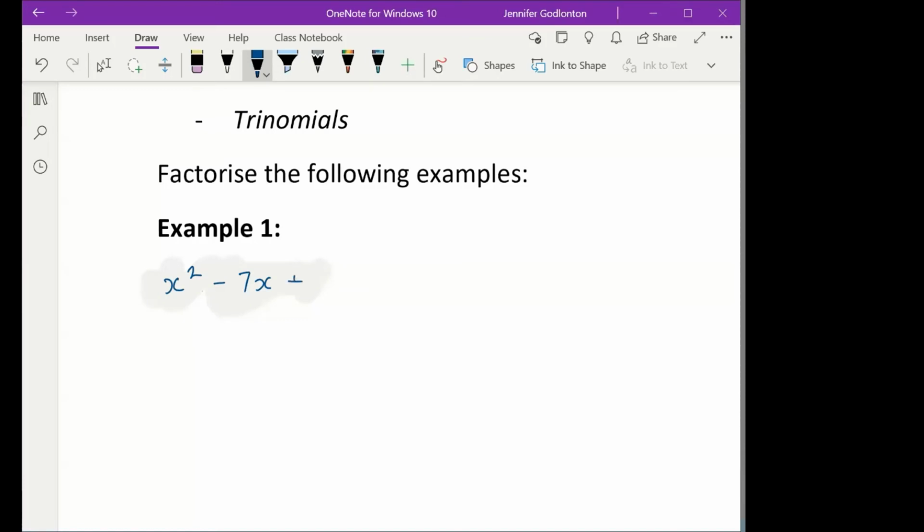7x plus 6. Okay, so I don't know if you remember this, but we do our factor pairs when we're working with trinomials. So we're going to look at our factor pair of, always, the constant or the third term in your trinomial. And so my factor pairs would be, for example, 1 and 6 and 2 and 3. I don't have any other factor pairs.